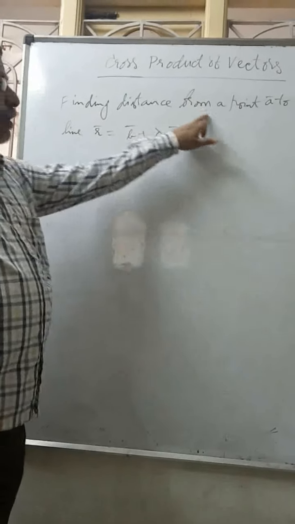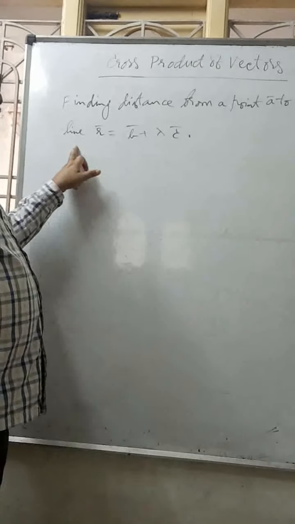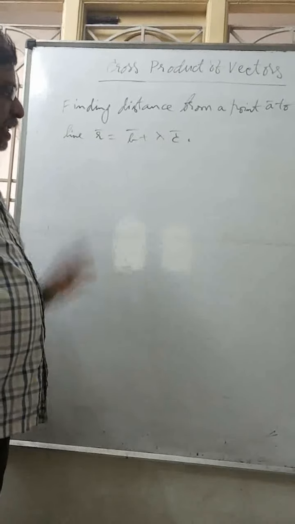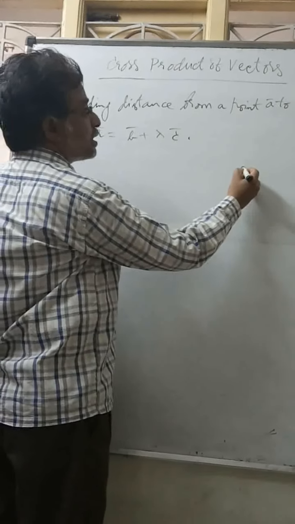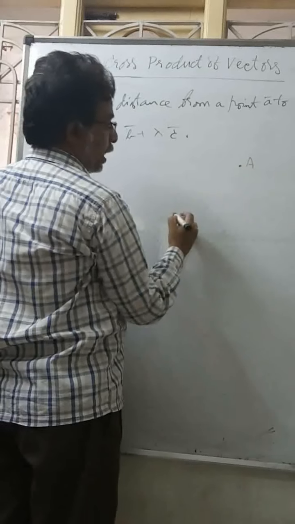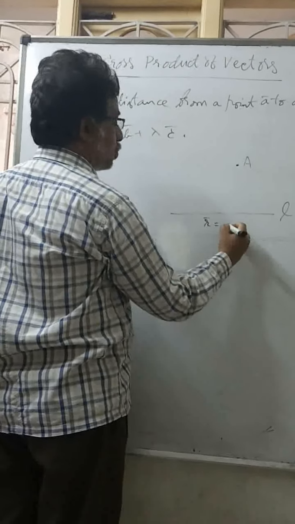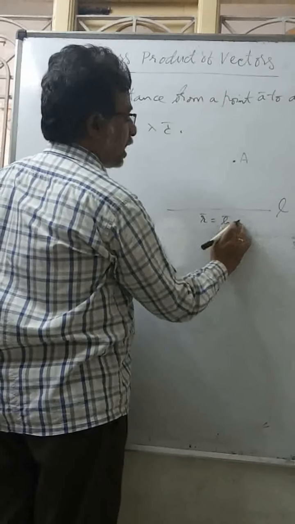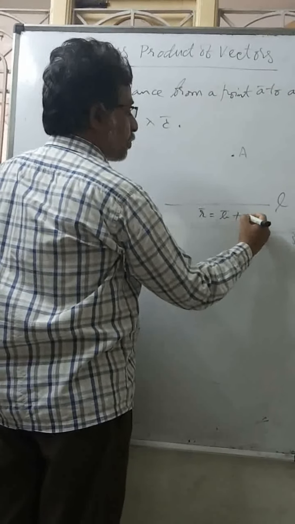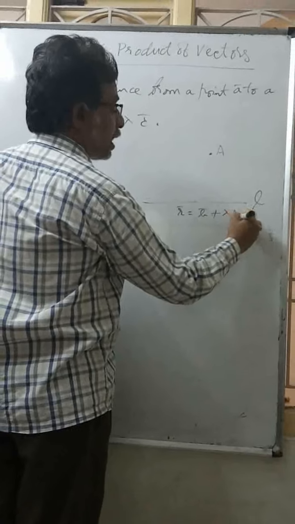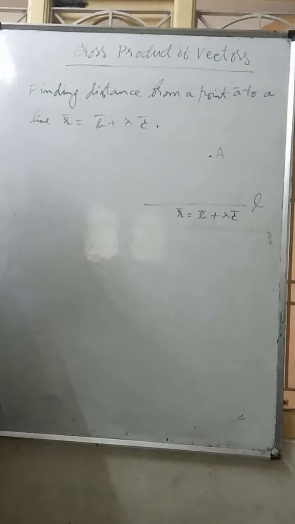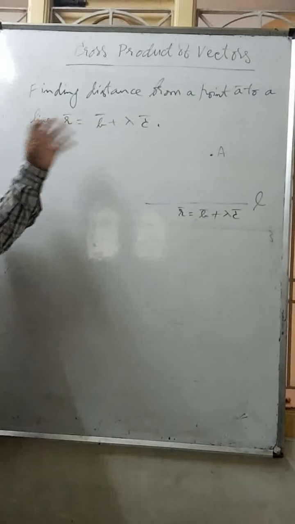The distance from a point A bar to a line R bar equal to B bar plus lambda C bar. For example, this is a point A and there is a line L whose equation is R bar equal to B bar plus lambda C bar. We can use almost the same previous concept.